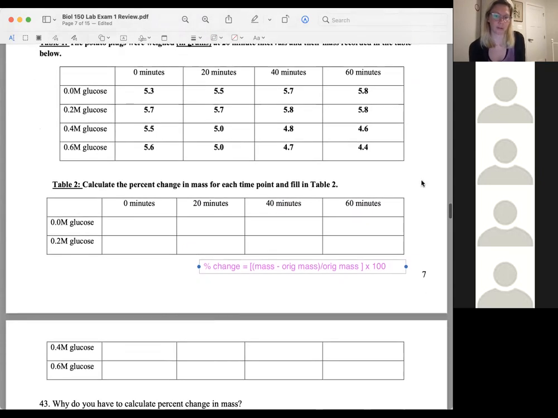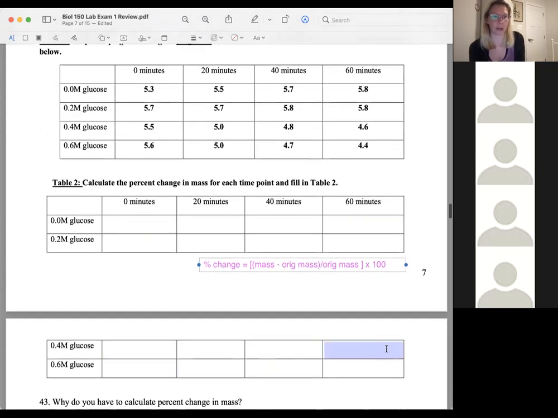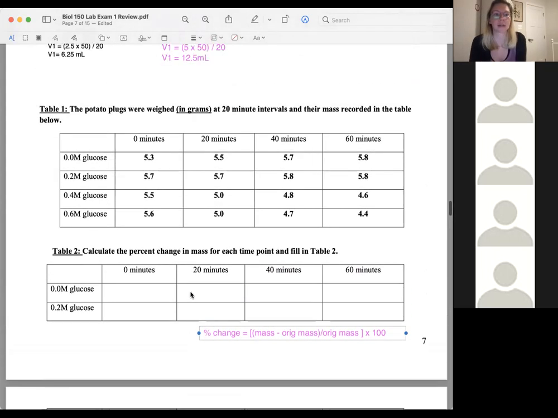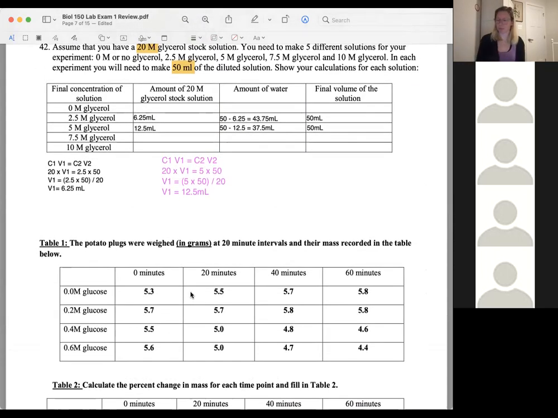All right, so it wants us to fill out this whole table, so all the values. Yes, and we'll go back up a little bit.